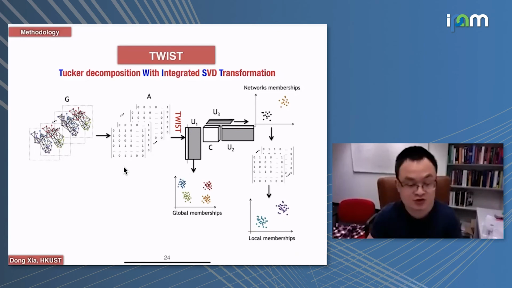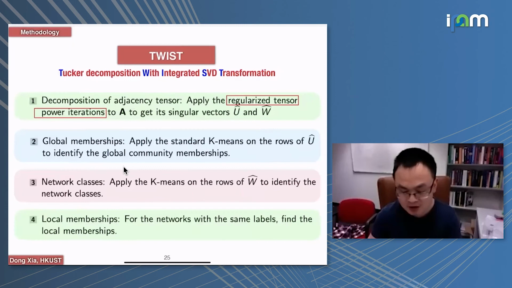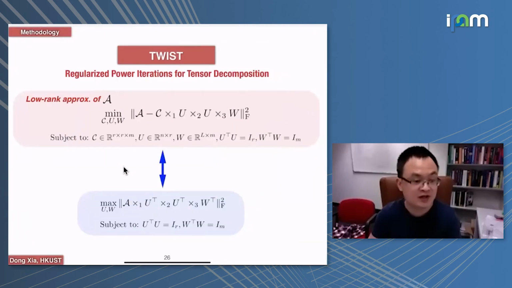The idea of this procedure is very simple, but there is one very important step in our method. It is called regularization. So now let me briefly explain the intuition for this regularization.